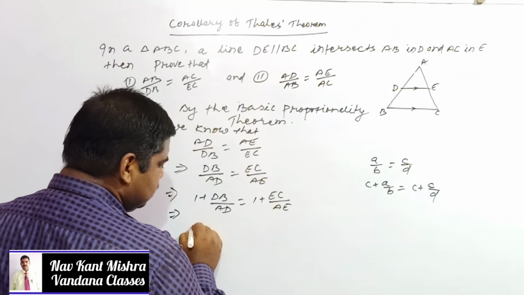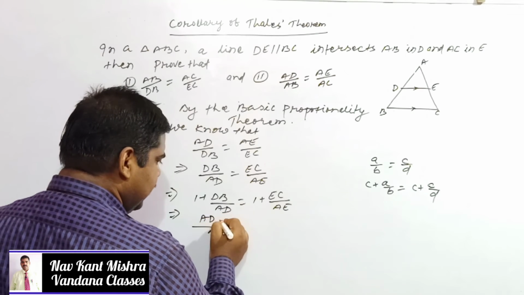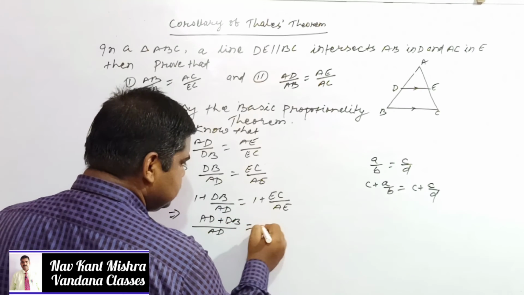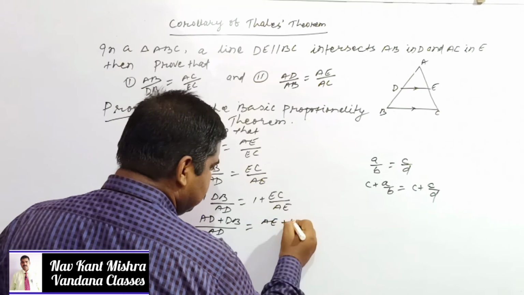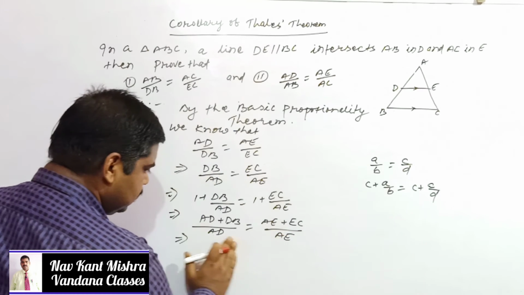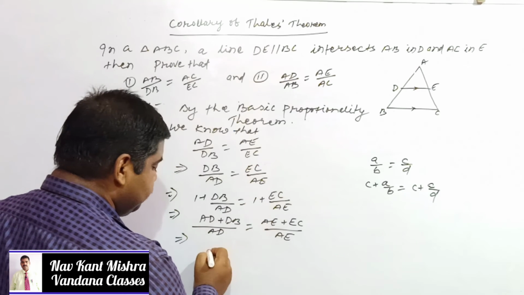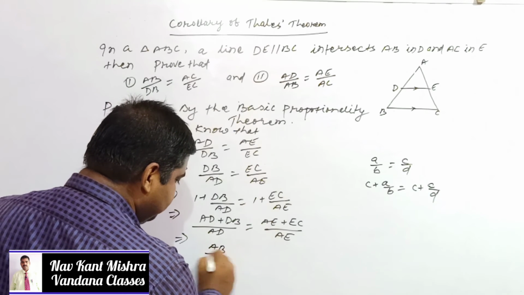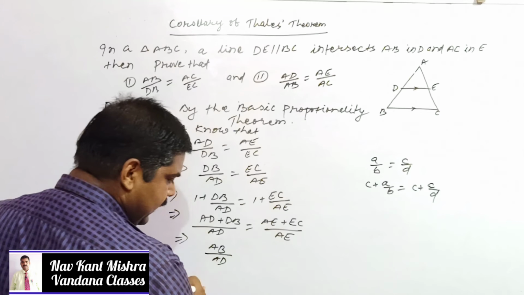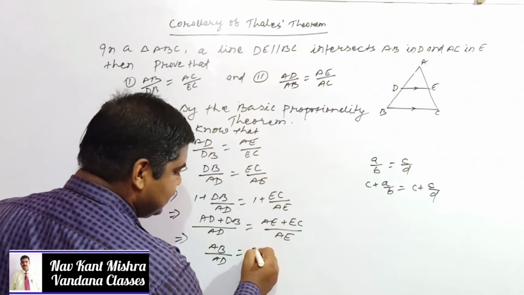After simplification you get AD plus DB upon AD is equal to AE plus EC upon AE. By the help of the figure, AD plus DB can be written as AB, and AE plus EC can be written as AC.